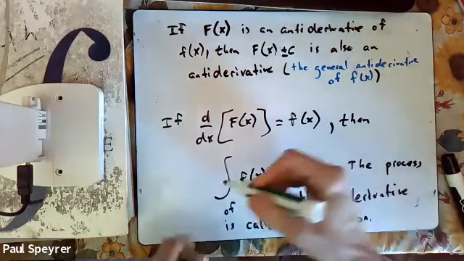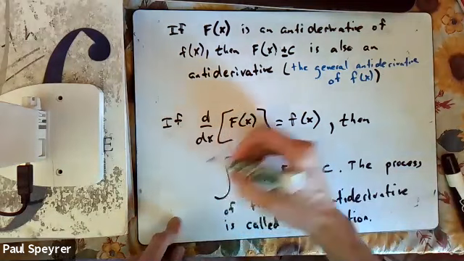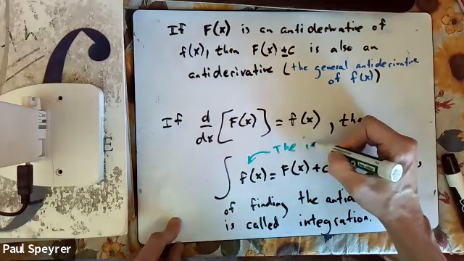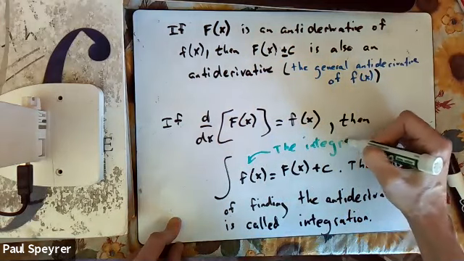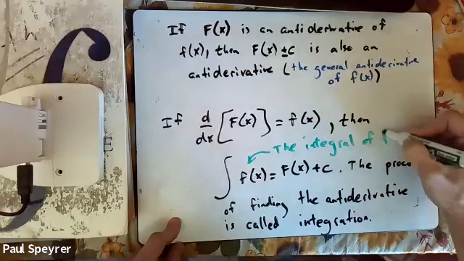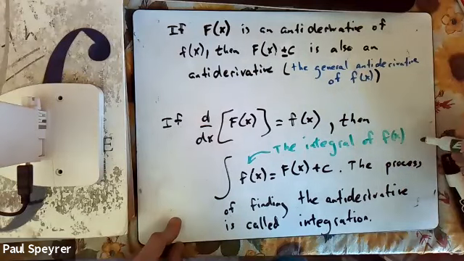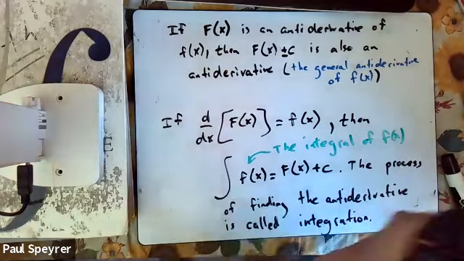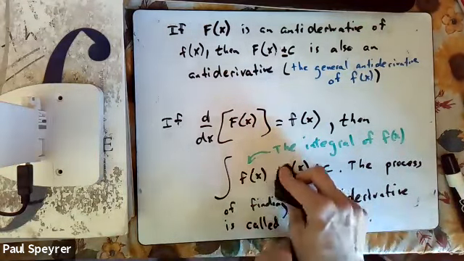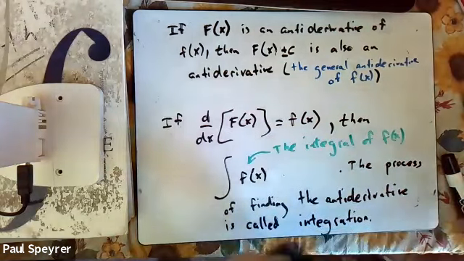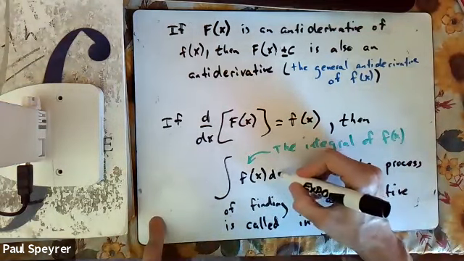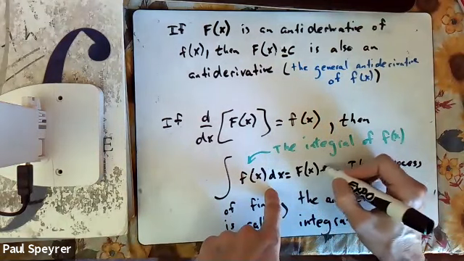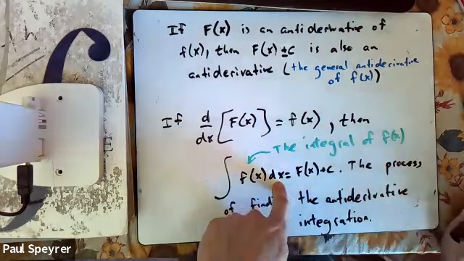So again, this thing right here means the integral of f of x. And one more little thing I want to put in right here is this. So put in that little dx right there.